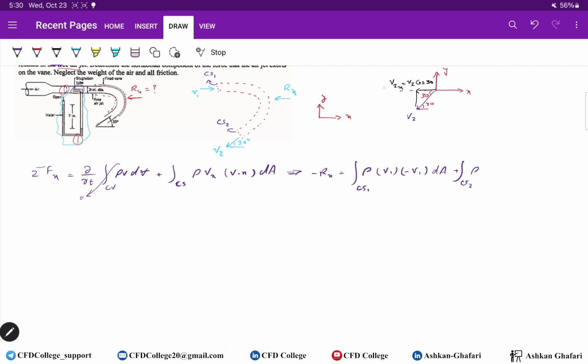Don't forget to put the negative sign here, minus V2 cosine of 30, because V2 is in the opposite direction compared to x.